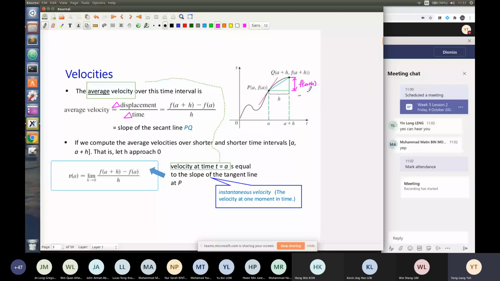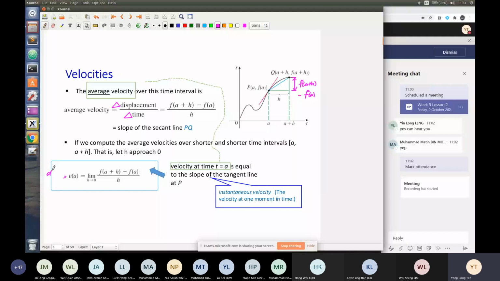Okay, change in y value. Then quite clearly, this is just change in time, which is given by the change in the x value. Okay, change in y over change in x. So if you take the limit, then clearly it will give you the ds/dt. So therefore, this guy, which is also the ds/dt.